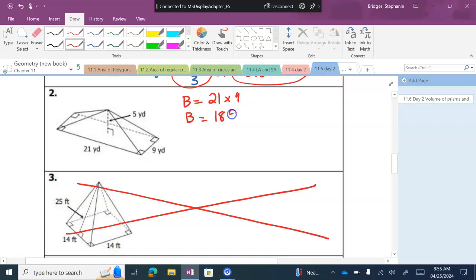And that gives me 189. So then we can do 1/3 times the 189. And what's the height of that pyramid?